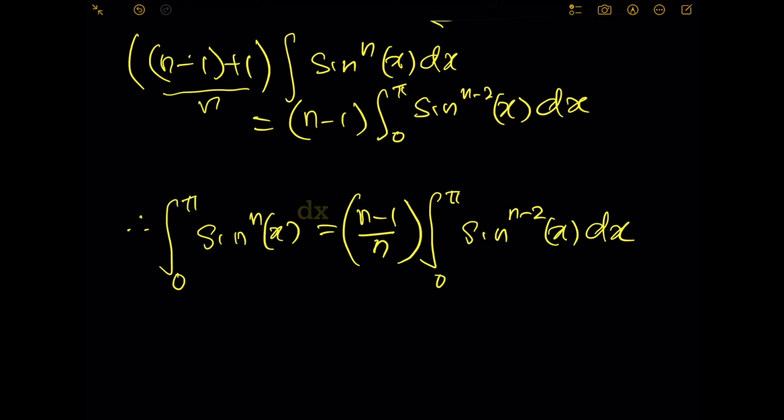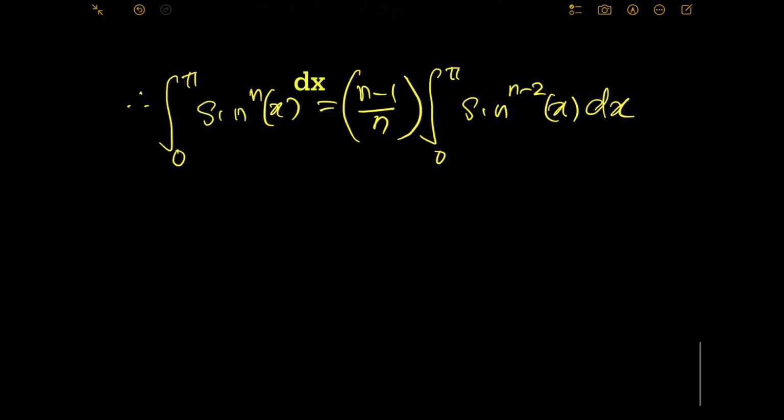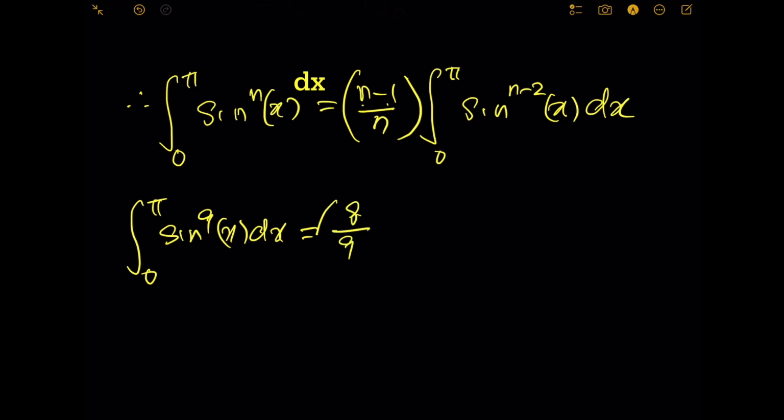Let's move to an example. For example, now we have integral 0 to pi of sine power 9x dx, which is equal to n minus 1, n is 9, so it becomes 8 divided by 9, multiply integral 0 to pi sine power 7x dx.